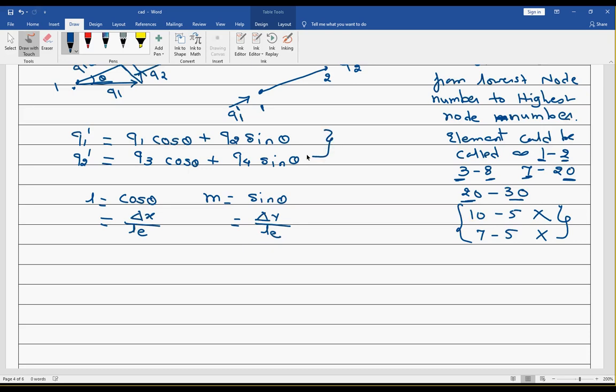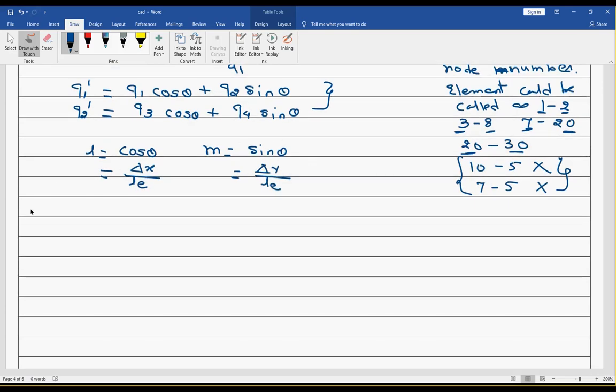So this is the equation. Now I will rewrite this equation in the form of L and m. So q1 dash is equal to q1 into L plus q2 into m. q2 dash is equal to q3 into L plus q4 into m.